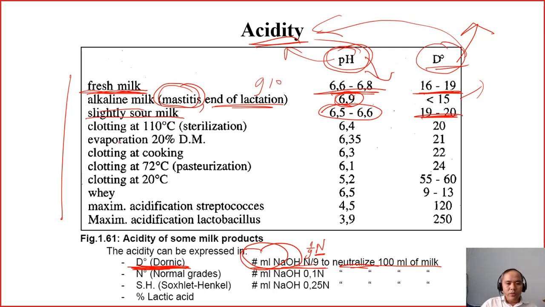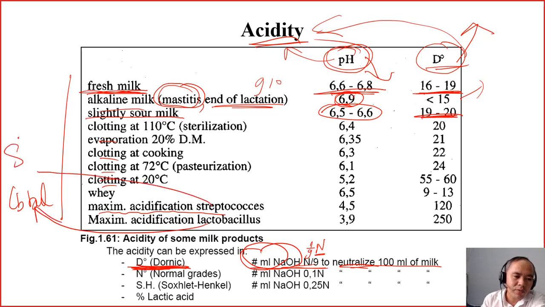Now if we look here and then go to here, maximum acidification. For example, in making yogurt, we have two strains: Lactobacillus bulgaricus belongs to this one, and the other one is Streptococcus thermophilus. These are the two strains in making yogurt.